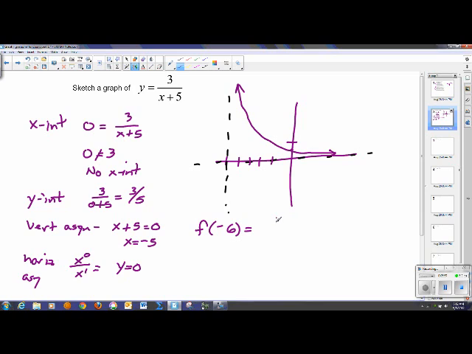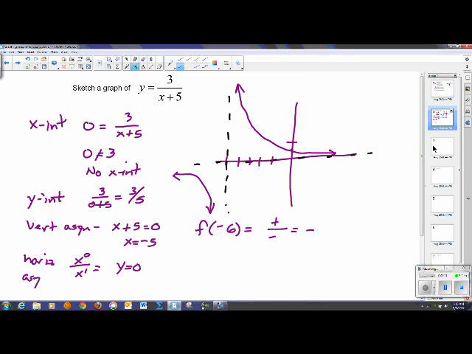All I really care about is if I have a positive value and a negative value. So 3 is positive on top. When I plug a -6 into the denominator, I get a negative value. This leaves me with a negative. So at -6, I have some negative value for my y. Since this graph has no x-intercepts, I know I will never cross over into the positive range. Therefore, my graph has to look like this.